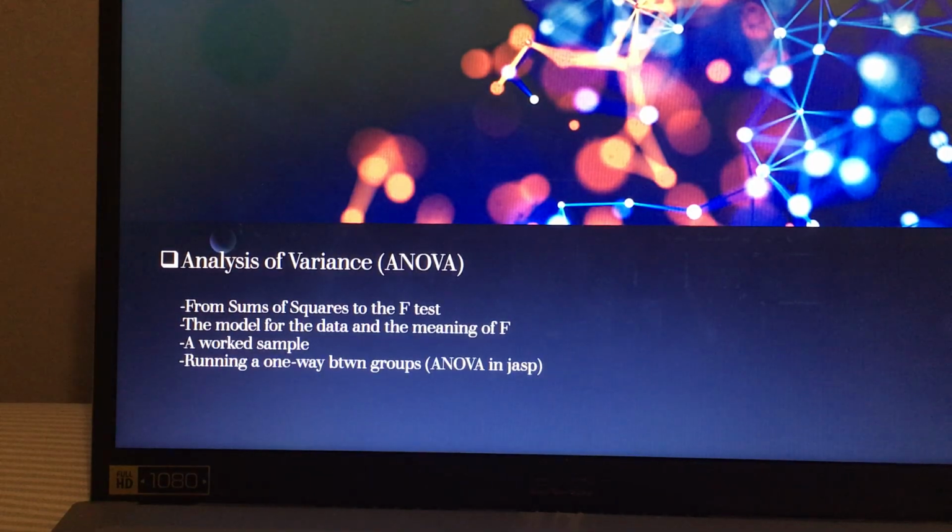So we have a row of between groups and a row of within groups. We have our formulas for degrees of freedom. We have our sum of squares formulas. We have our mean squares formulas. We have our F statistic formula, and then we have our complicated p-value.